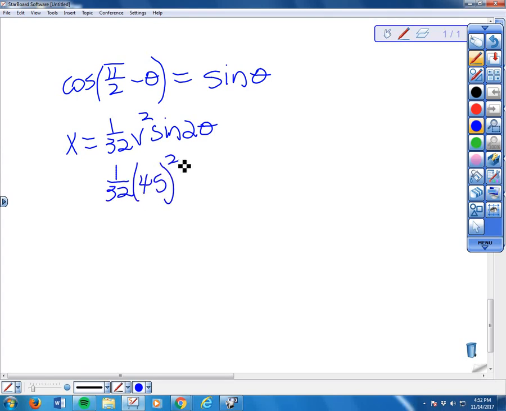The angle is 30, so 2 times 30 is 60, sine 60. And sine 60 is the square root of 3 over 2. So this is just a matter of plugging everything in the calculator, and you end up with 54.8 feet.